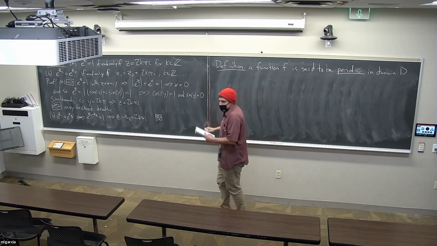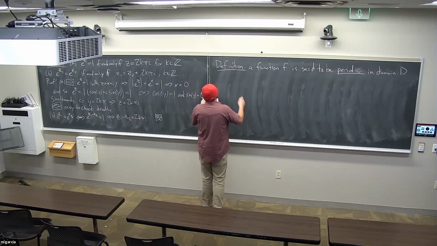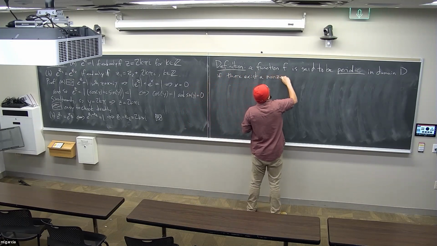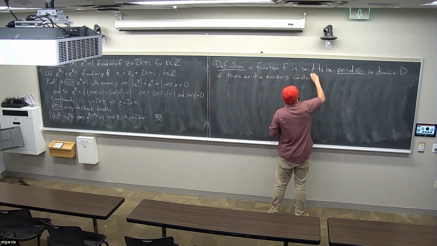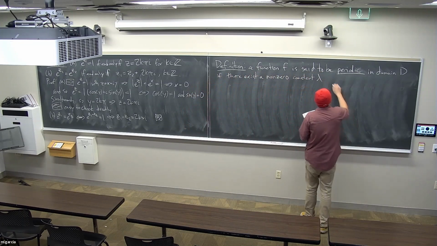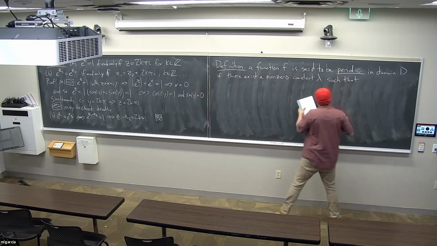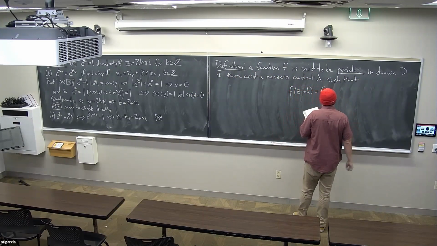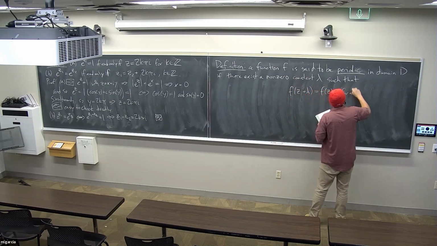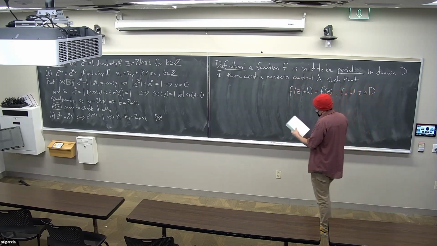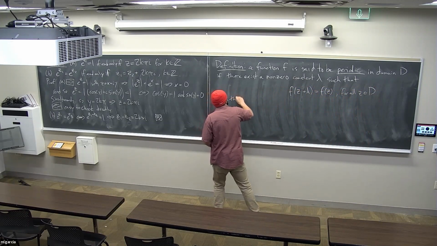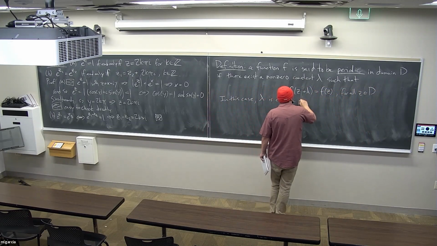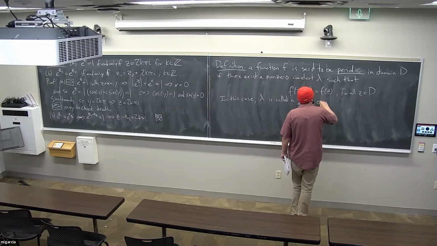An open and connected subset of the complex plane, C. If there exists a non-zero constant lambda such that f of z plus lambda is equal to f of z for all z in D, in this case, lambda is called a period of f.